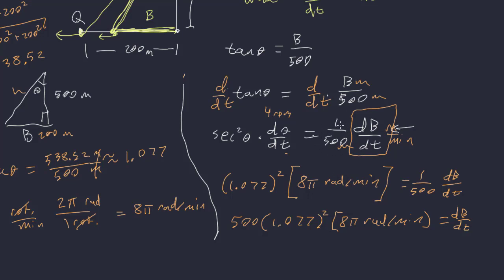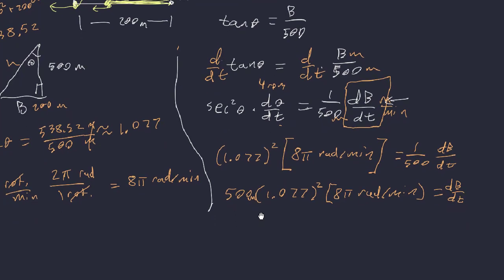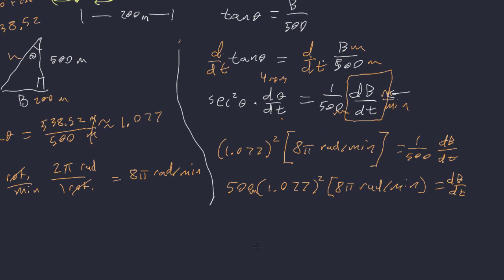That 1 is not also in meters. This is technically unitless because it's radians. So when it's all said and done, we will get meters per minute because the dimensionless units will disappear.